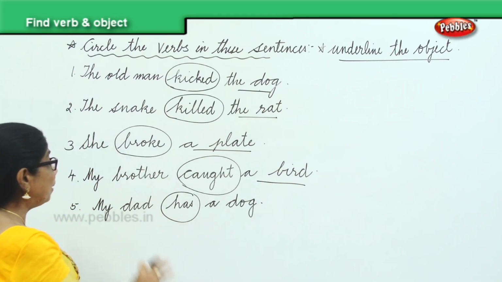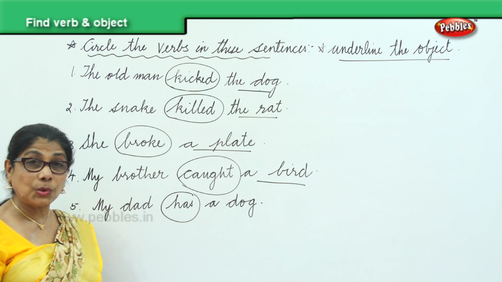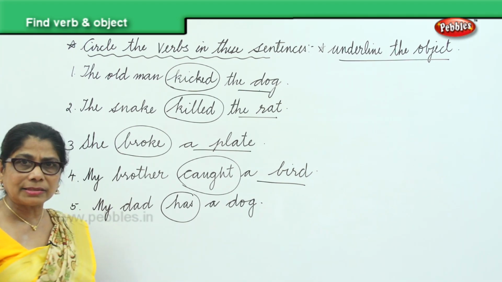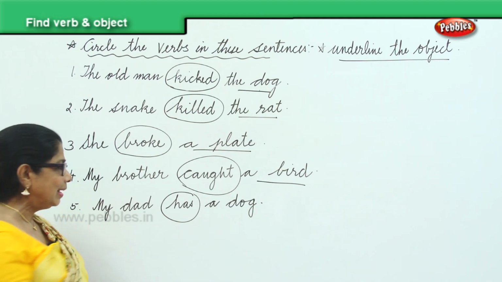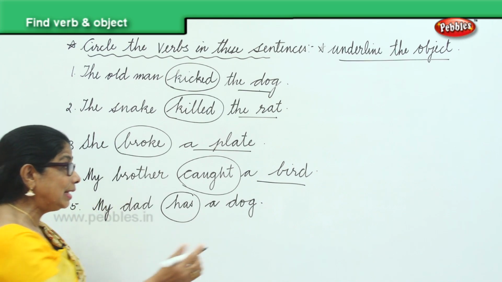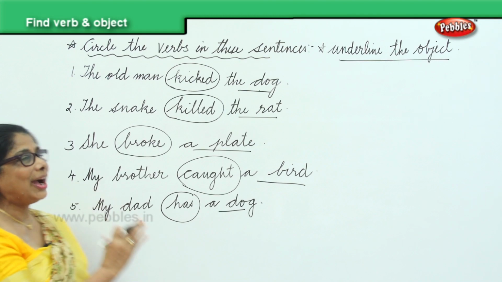And the last sentence we have, my dad has a dog. My dad has an old dog, young dog, a puppy, whatever it is. My dad is the subject. What does he have? He has a dog. What is the object he has? He has a dog. Understood?